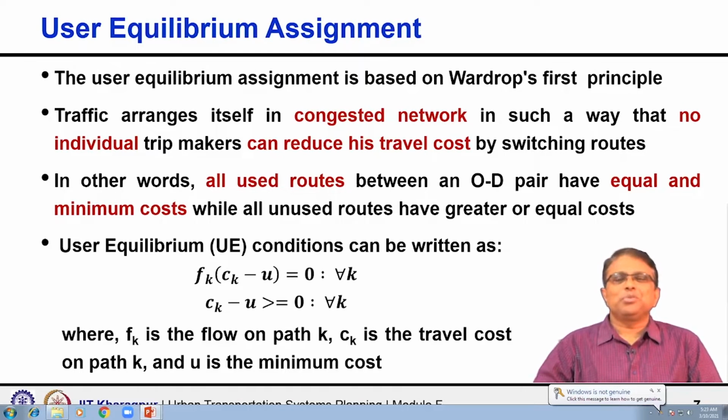So, the only possibility is what? When Ck minus u is greater than 0, then the flow on that path will be 0. So, Fk into Ck minus u will always be 0. It could be because Ck is equal to u and flow is non-zero, but then the product will still be 0, or Ck is greater than u, but in that case Fk will be 0.